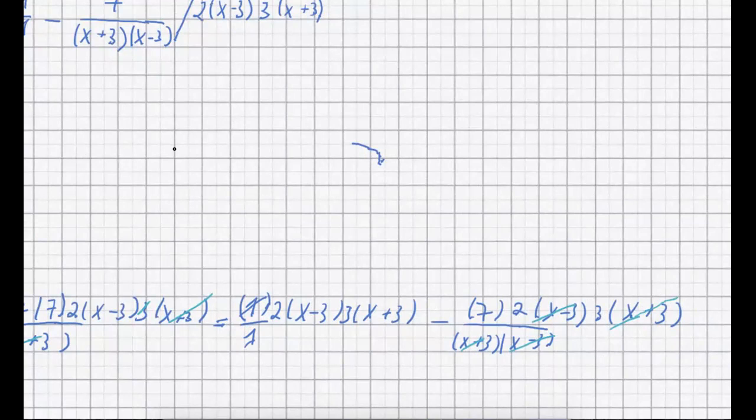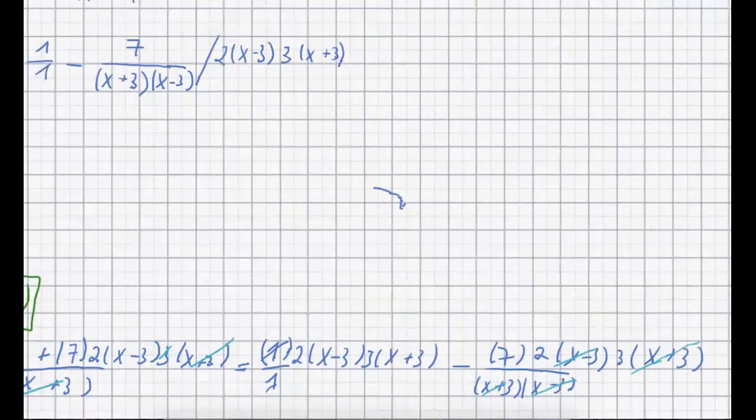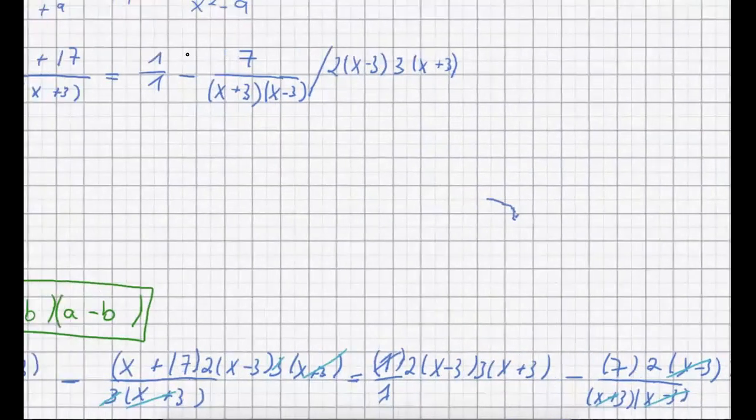So what are we left with? We're just 2 times 3 times 7? Yes. Or 7 times 2 times 3? If you wanted to go with your own way, what would you do here with this unit?